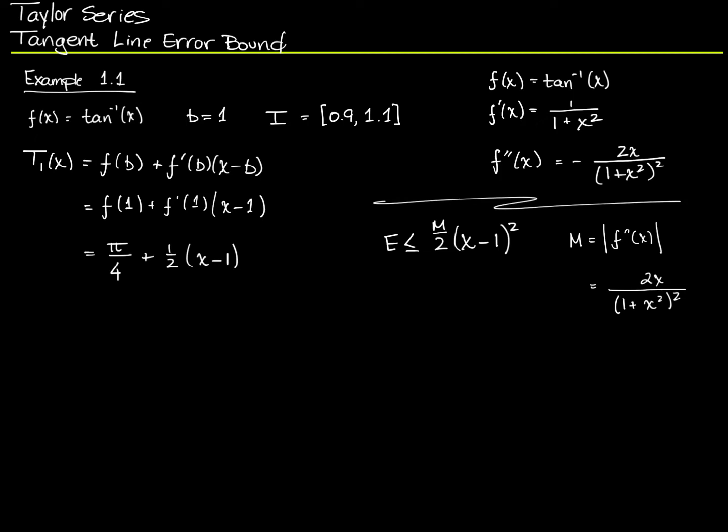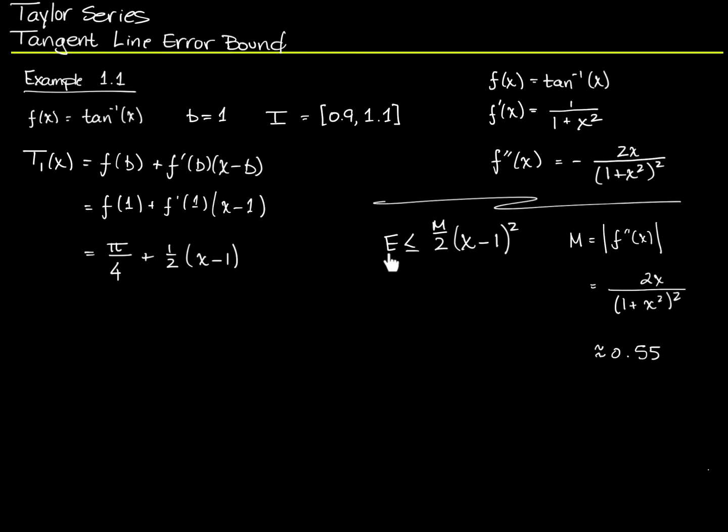So I'm going to take the value of, this isn't f of x, but f double prime of x, the value of f double prime of x that occurs at x equals 0.9, and that's about 0.55. It's 0.5494. So if I let m then equal 0.55, that will give me the value for m that guarantees that this expression here is larger than e.